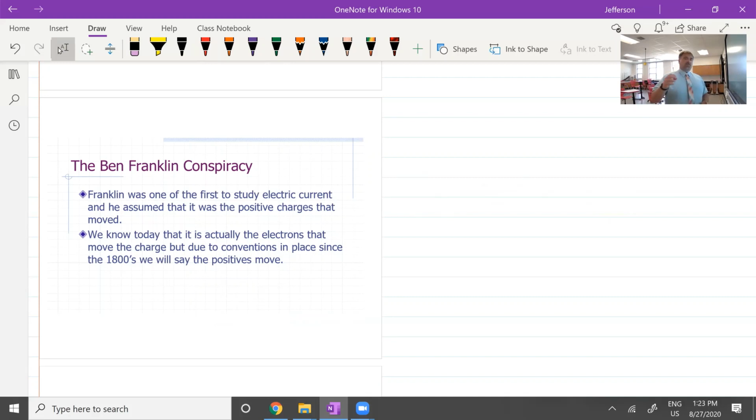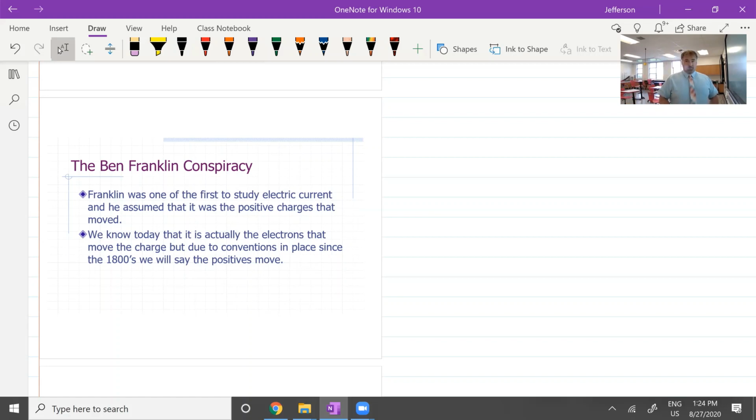Now, there's a glitch here. Remember a few chapters ago, I talked about how Ben Franklin assumed that it was the positive charges that moved. He had that concept of ether, and when glass rods got rubbed by silk, they would gain ether. In essence, the glass rods were gaining positive charge. With the rubber rod and silk, the rubber rod would lose that ether, losing those positive charges, becoming negative.